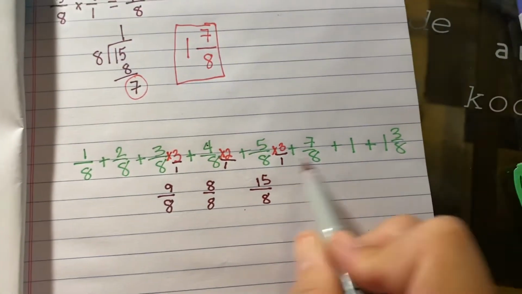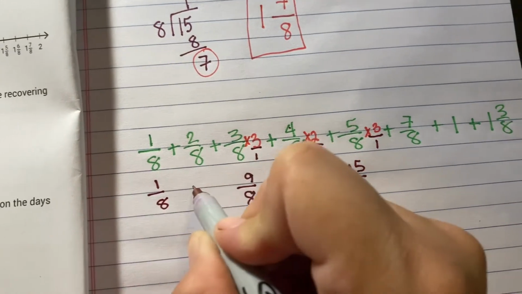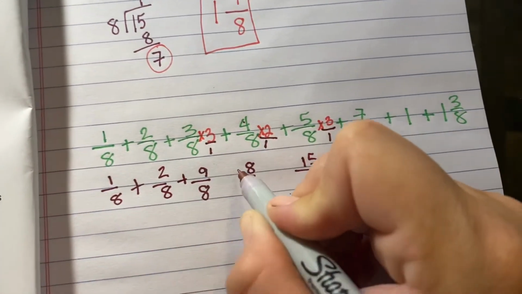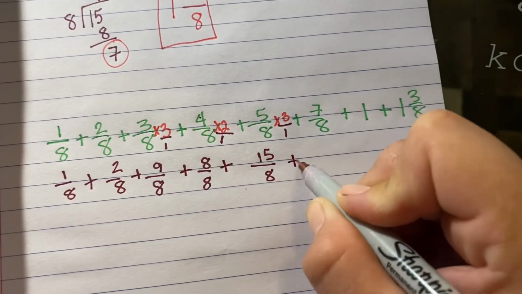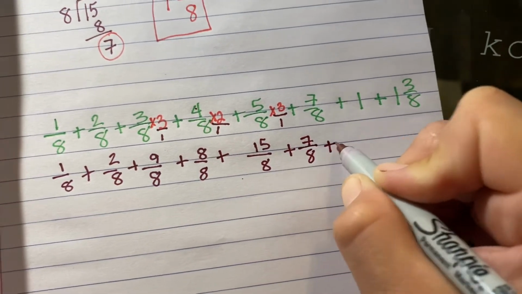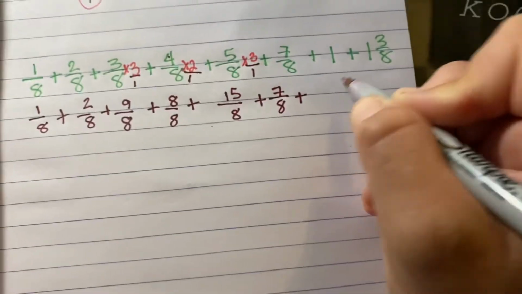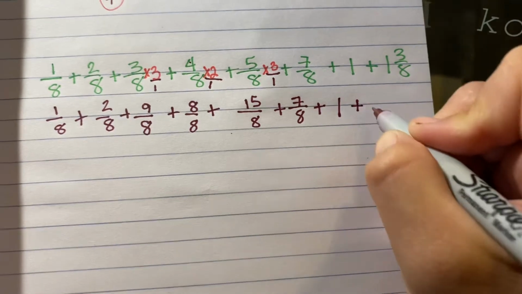All of the rest of these we're going to bring down: our 1/8 plus 2/8, and our 7/8. With this 1, you could bring it down as 8/8 because it's the same thing, but I'm just going to bring it down as 1.